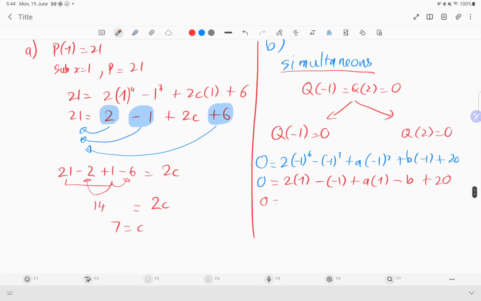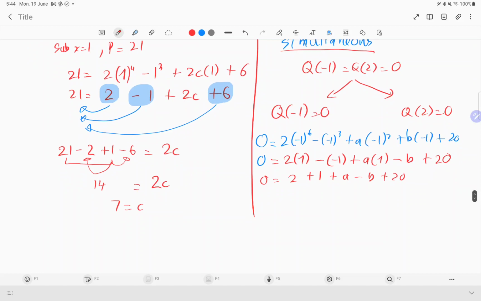Keep simplifying. 0 equals 2 plus 1 plus a minus b plus 20. Combine all of the constant terms: 22 plus 1 is 23. So I'll write it as a minus b plus 23. This is my first equation, number 1.